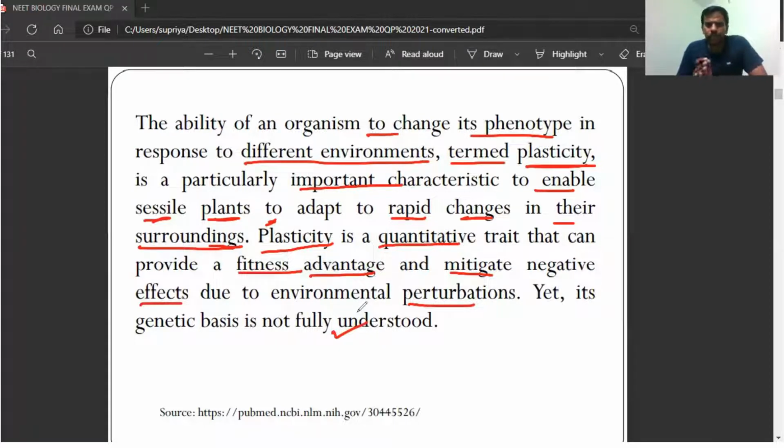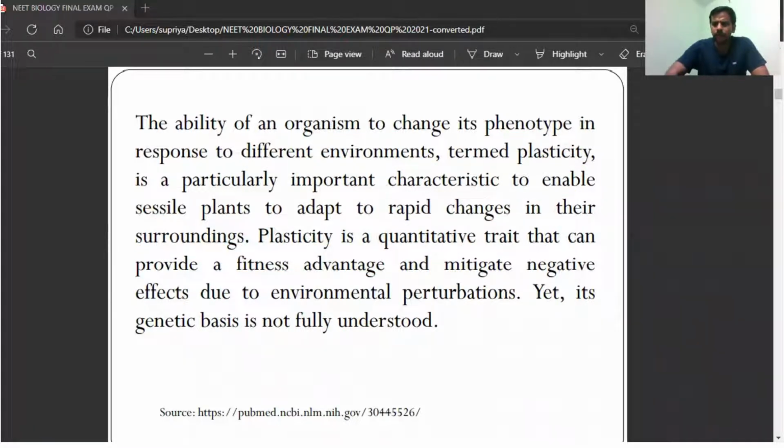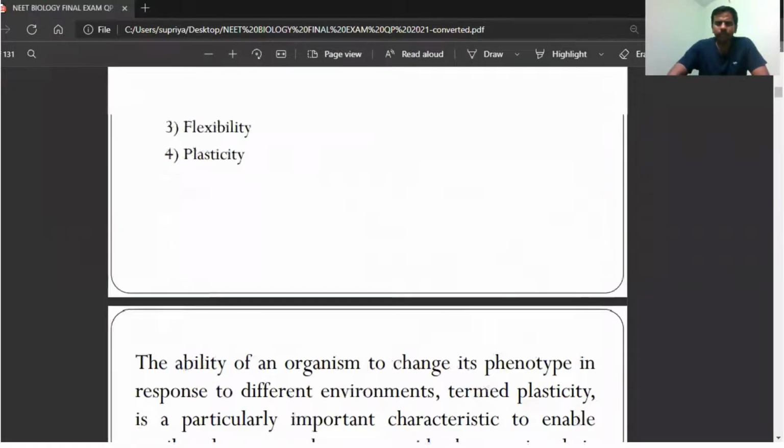Now, which means what? If any response, in an environment, based on the response, plants are going to adapt. So that condition is termed as plasticity. Now students, we will go to the options once again. Right, see.